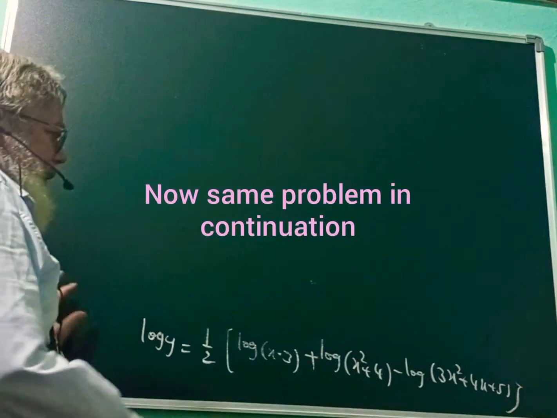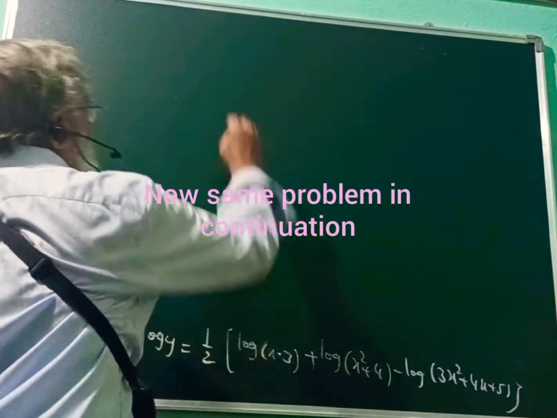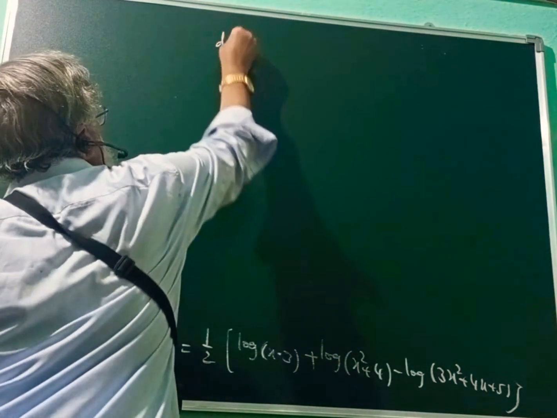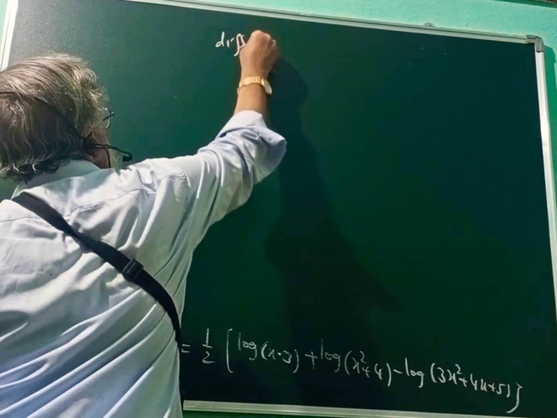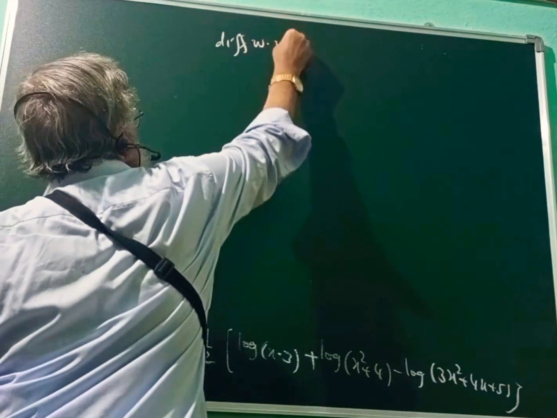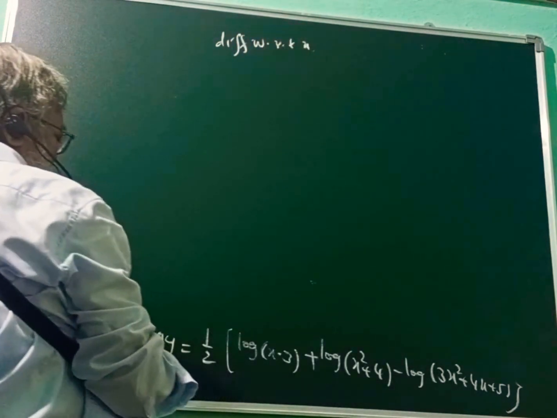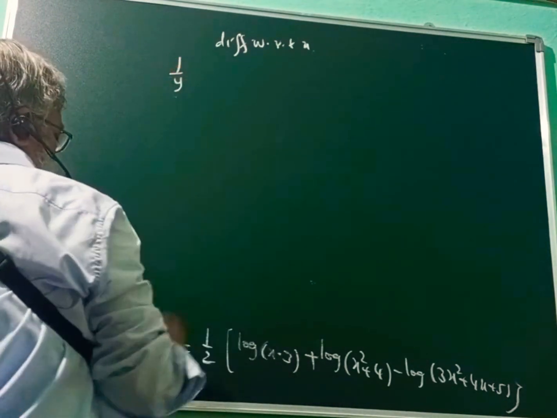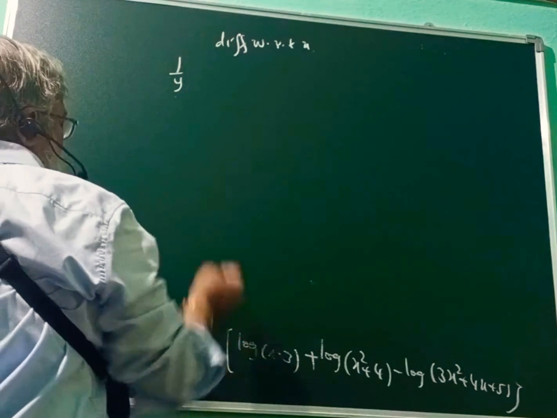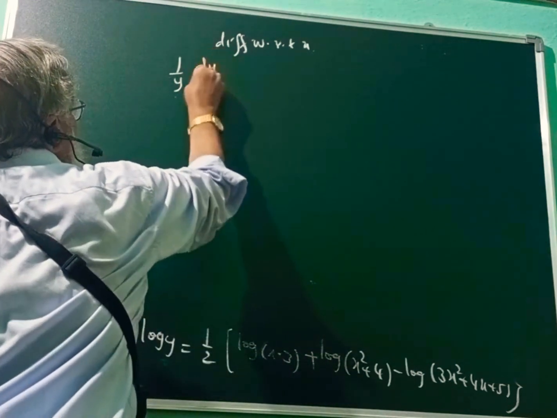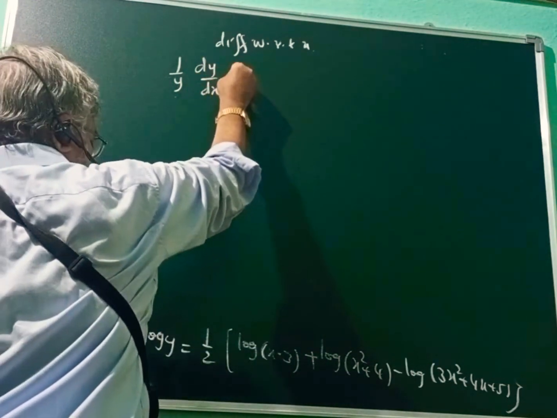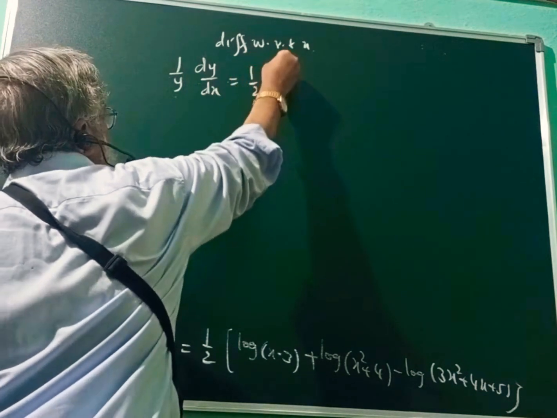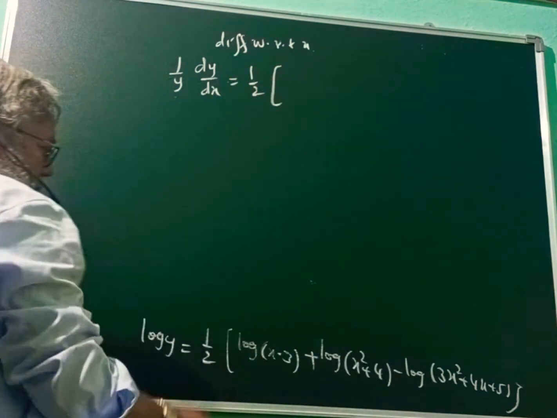We differentiate it. Now we differentiate with respect to x. Look here. Differentiation of log y is 1 by y into differentiation of y with respect to x, that is dy by dx, is equal to this half, the constant in product, as it is.